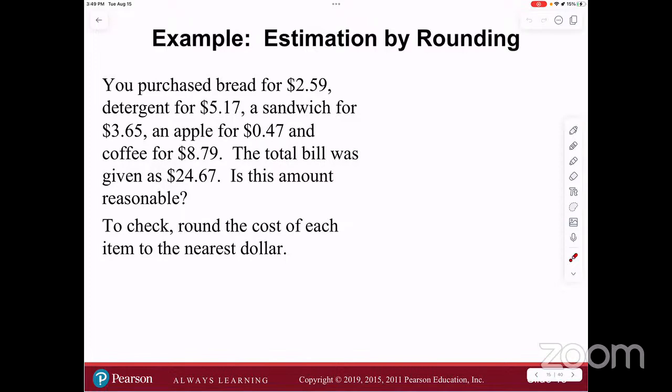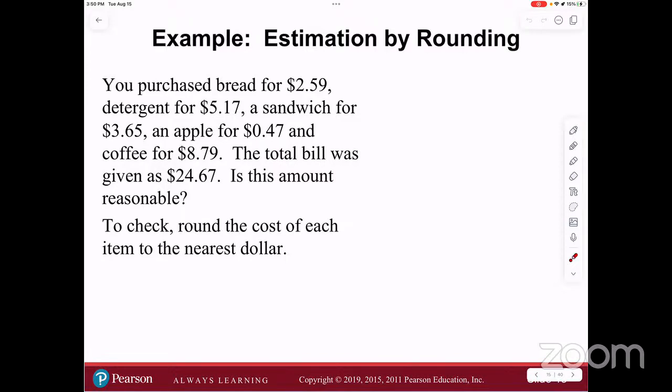Detergent, the nearest dollar would be $5, so that brings us to $8. A sandwich for $3.65, the nearest dollar is going to be $4, so 8 and 4 is $12. 47 cents rounds to 0, so we're still at 12 right now. And coffee for $8.79, the nearest dollar is 9. That brings us to $21.